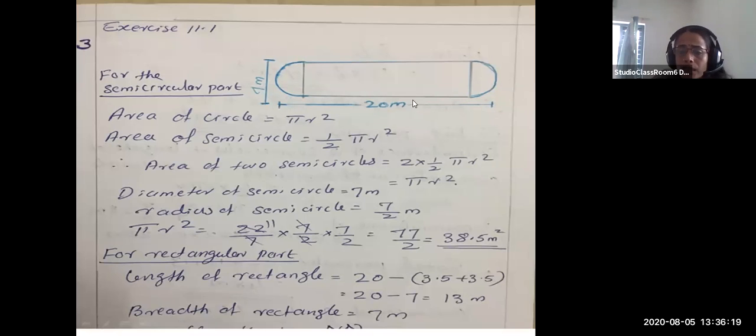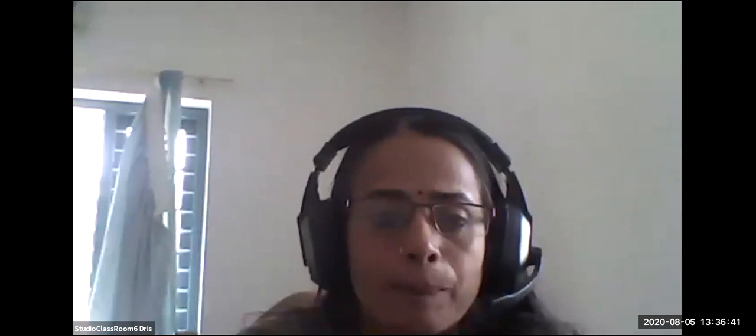The total length of the garden is 20. So, for getting the length of the rectangular part, we need to subtract this distance from both sides. This distance is the radius of the semicircular part. Understood all of you? Yes, ma'am.